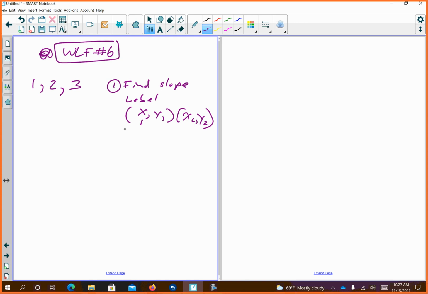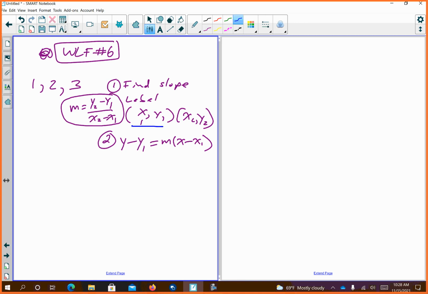And then plug in, so our slope equation is this. And then we want to plug into point slope. And it says when you use the point slope, use the first 2 points. Use the points listed. It's not incorrect if you use the other one. We're just trying to get consistent. So that's for problems 1, 2, and 3.